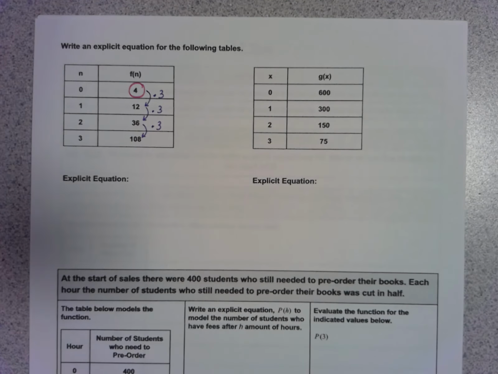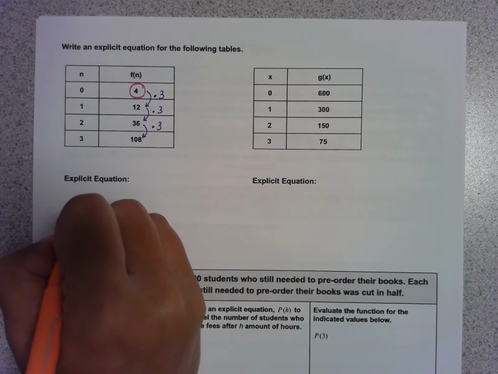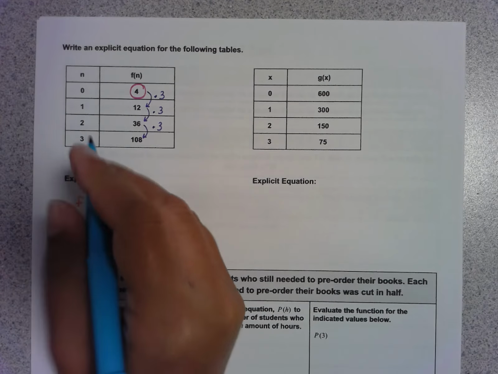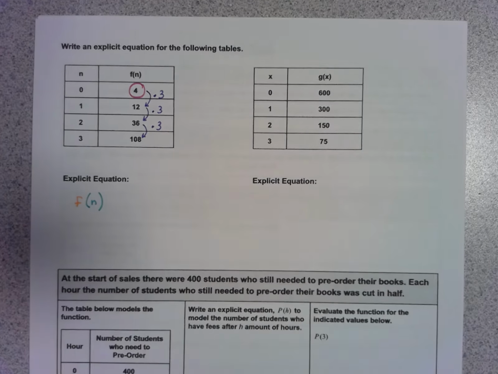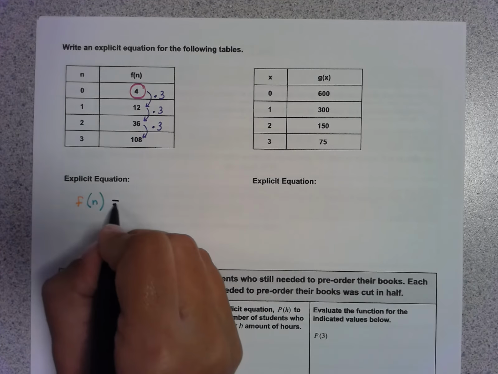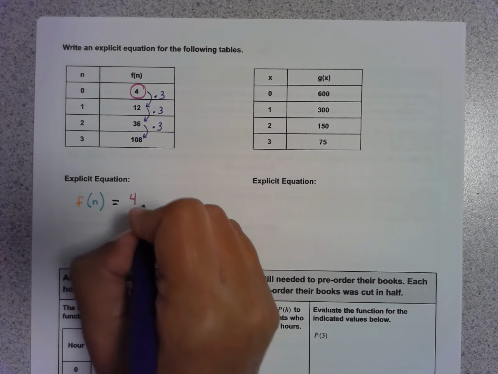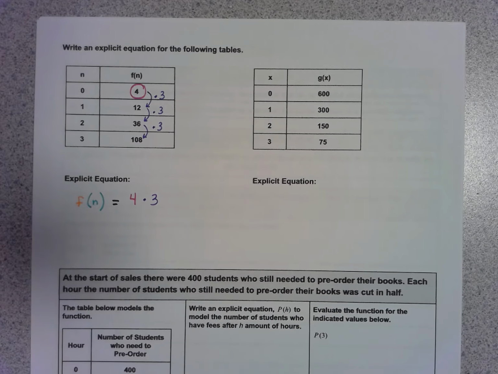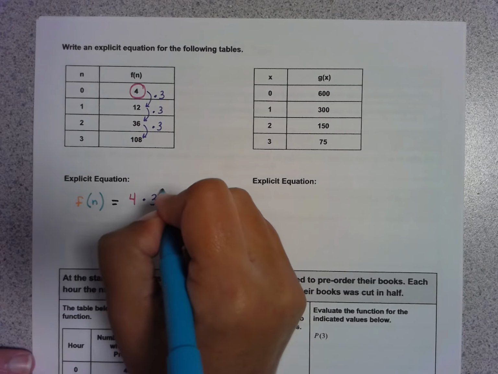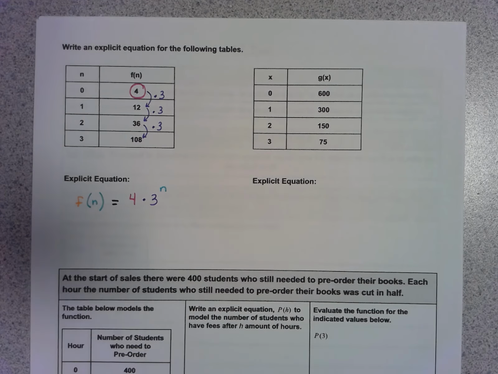So to write the equation, we would say f, which is our output variable, of n, which is our input variable, equals, starting with 4, multiply by 3, and multiply n times, which is why the exponent is n. You'll notice this is a very similar thinking pattern to what we did with arithmetic. It's just we're using multiplication now.